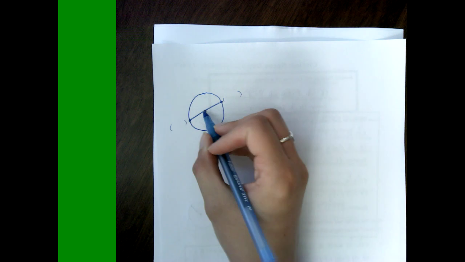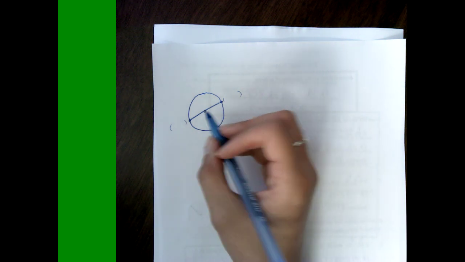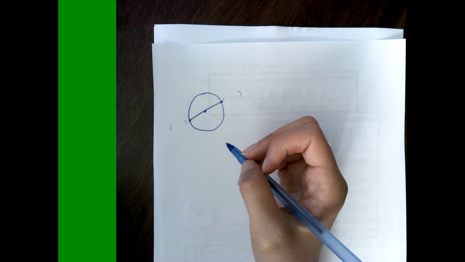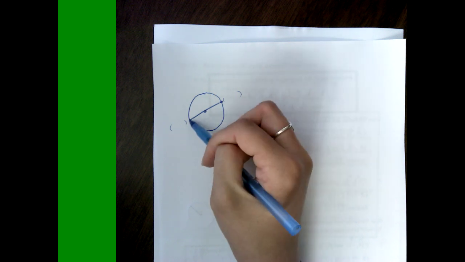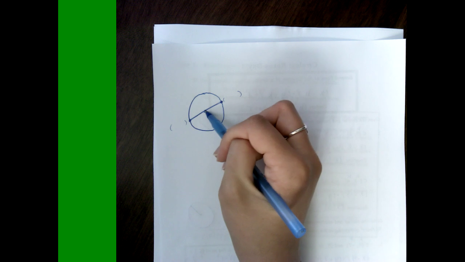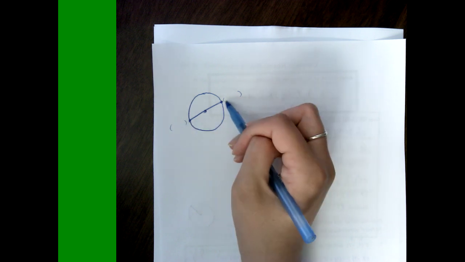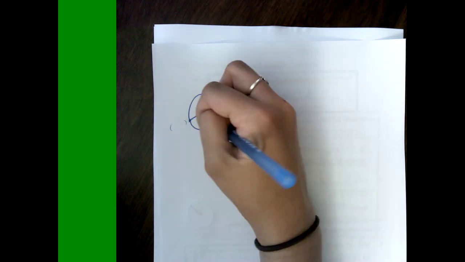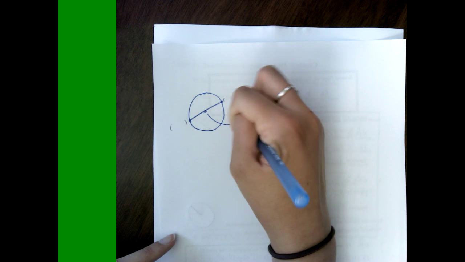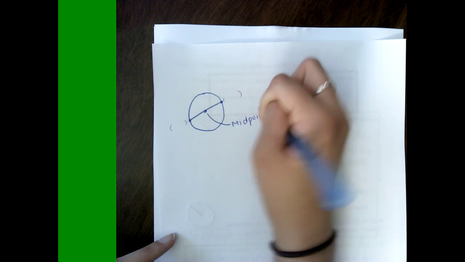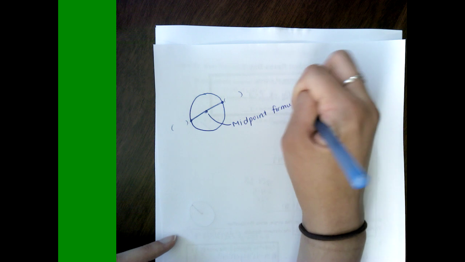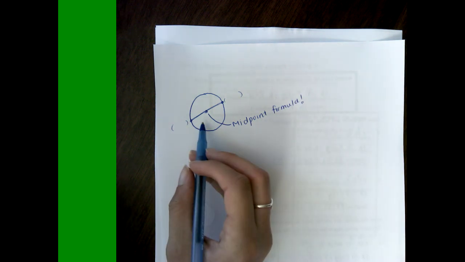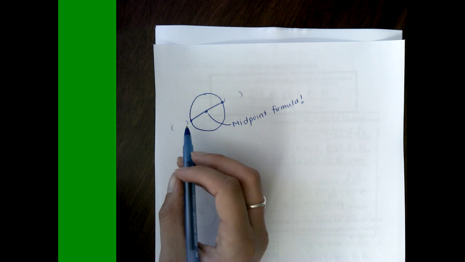And to write the final equation of a circle, you're really wanting to know the center. So what you're going to do here is you're going to have to find, how would we find the middle of these 2 points? Well, that is the midpoint. So you want to use the midpoint formula to find the center, okay? You want to use the midpoint formula to find the center.